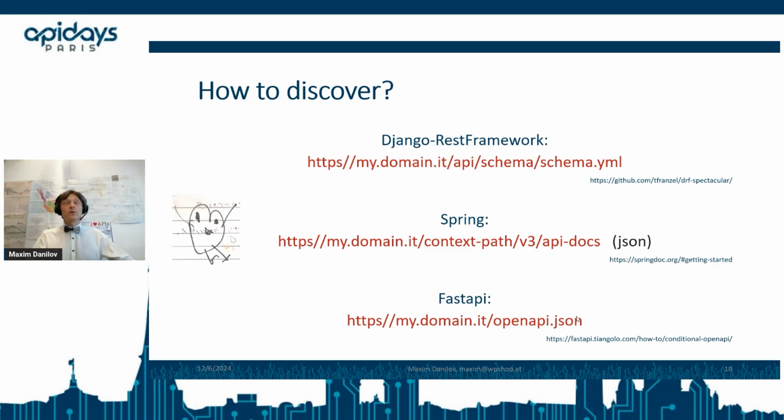If our API was created with Python and Django, and it's built with Django REST framework, Django REST framework usually places the documentation for my APIs at one URL, one path.